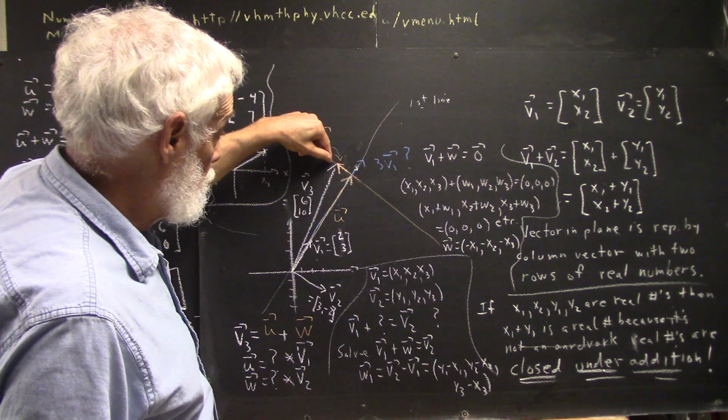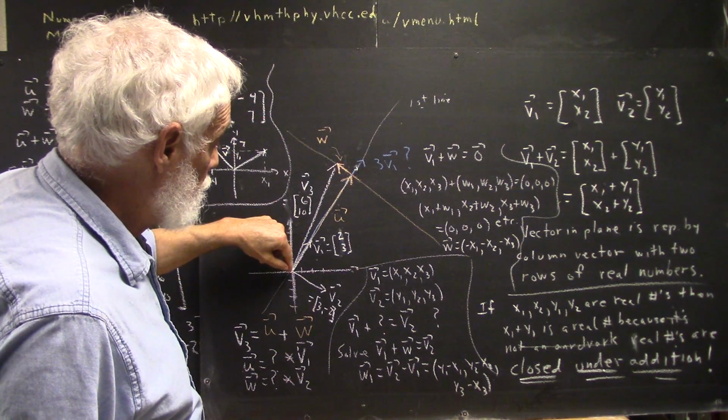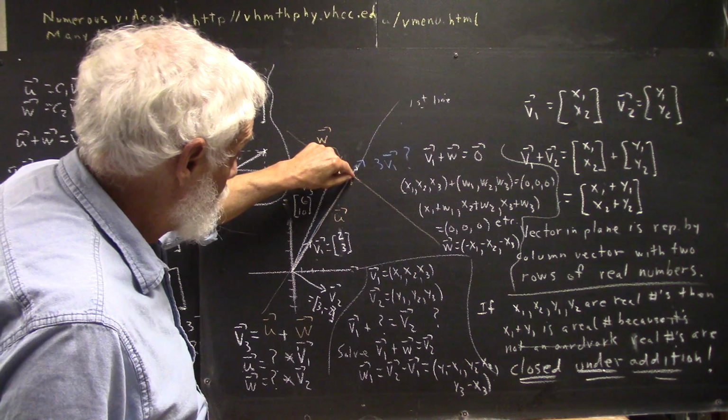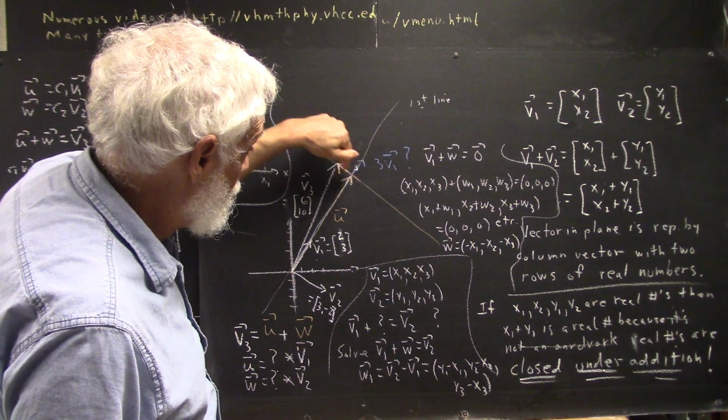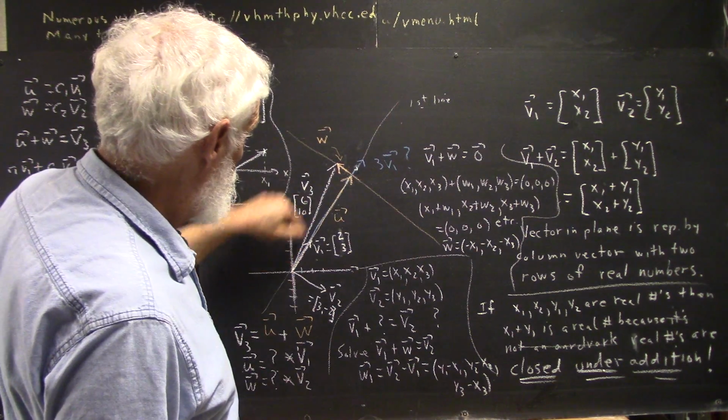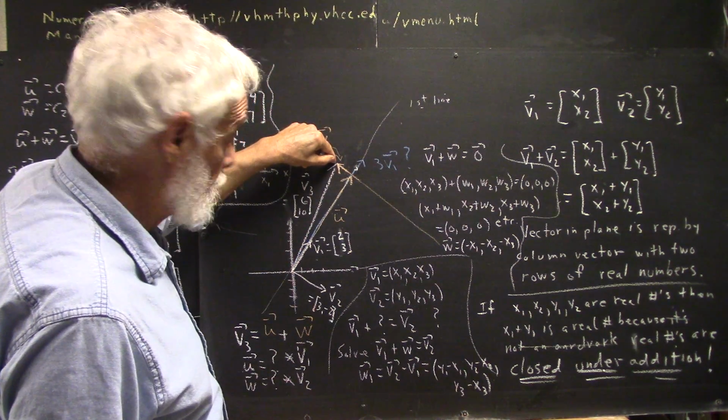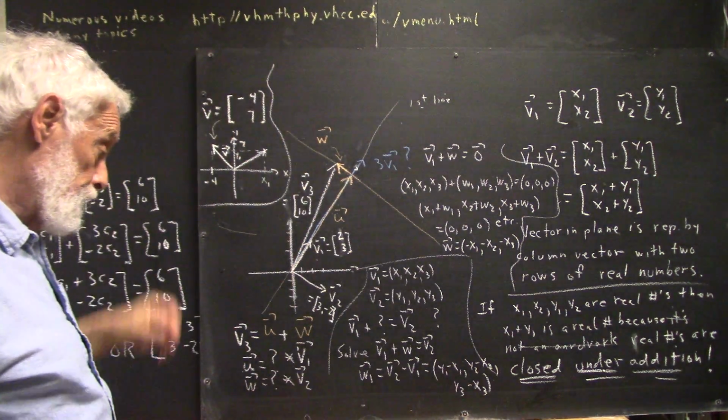Okay, and we can reach the tip of this vector, so that if we go from this point to this point and then put this vector together head to tail with this one, we get to the end of this vector. Okay, so that's kind of the sense of vector addition.